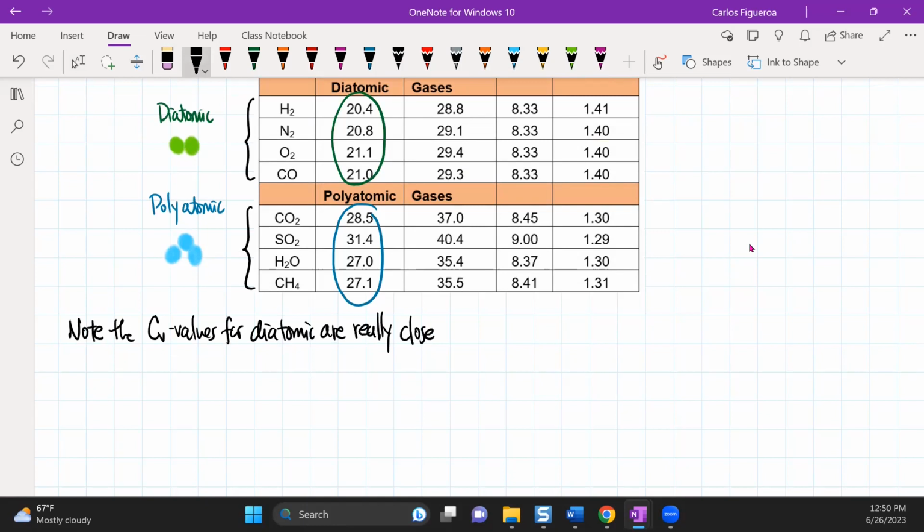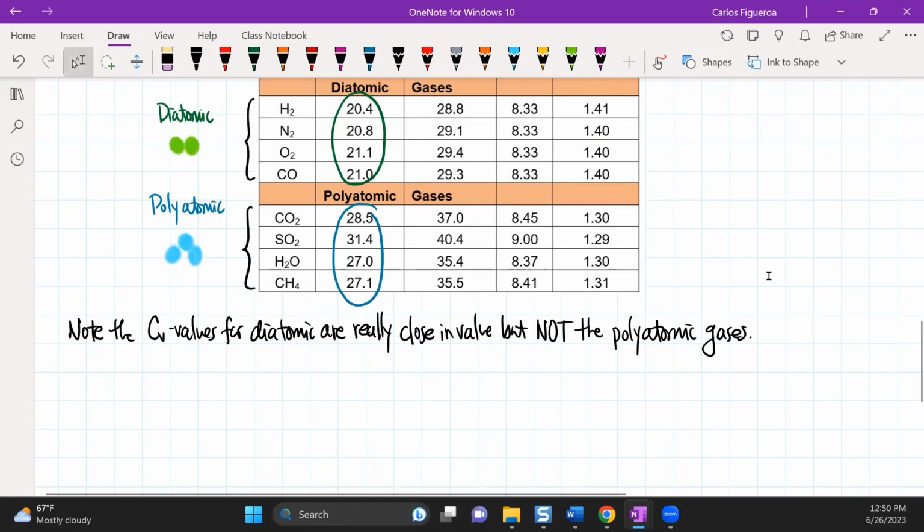And I would say that that value is around 21. They're really close in value, but not for the polyatomic gases. And that's not a surprise. Of course, they shouldn't be.